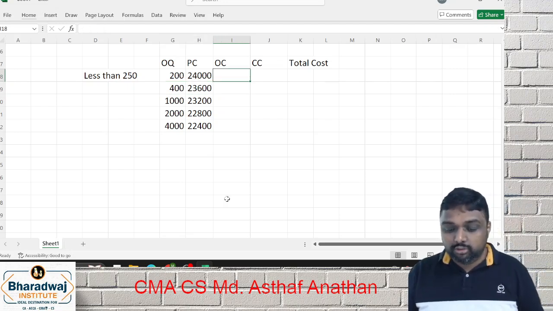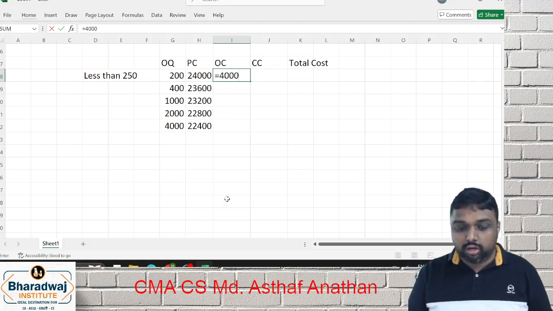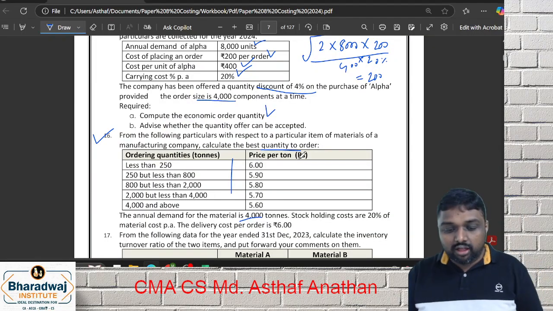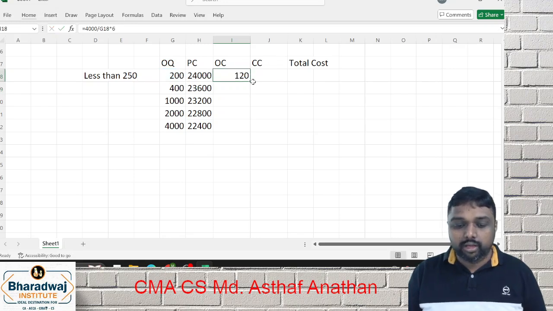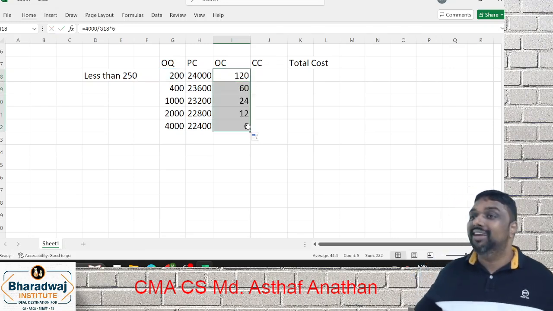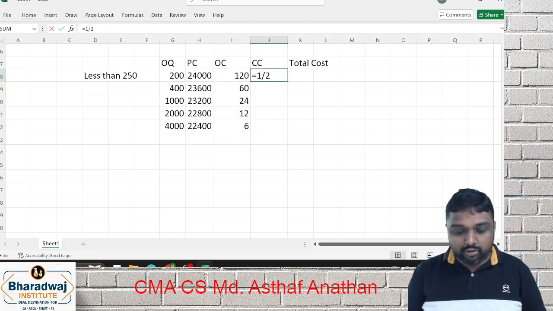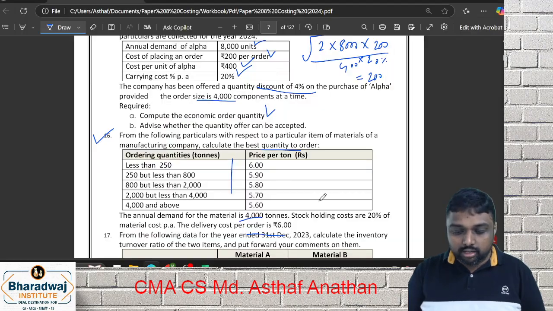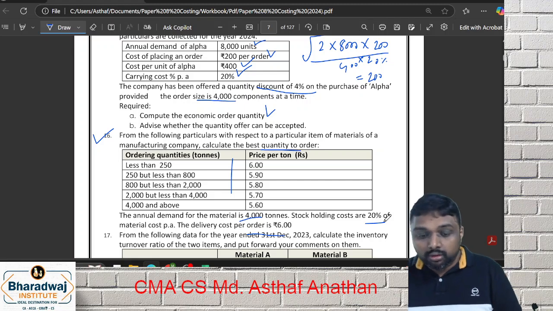Since I am using Excel, for ordering cost, the number of orders is 4,000 divided by order quantity, into the delivery cost per order, which is 6. That's it, so the ordering cost is over. Next, carrying cost is half of order quantity into carrying cost, which is 20% of price.